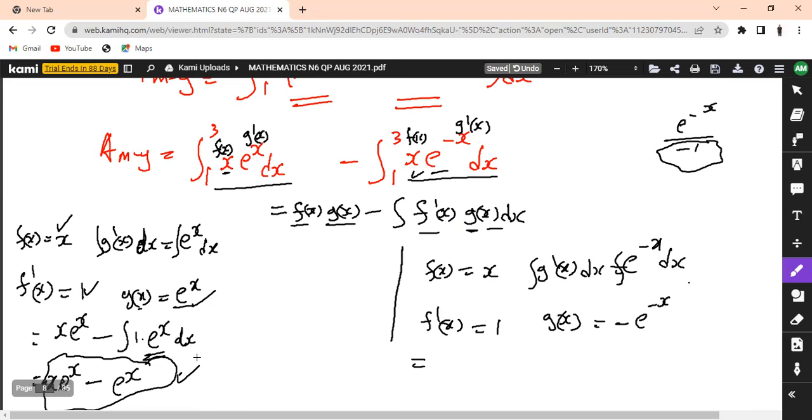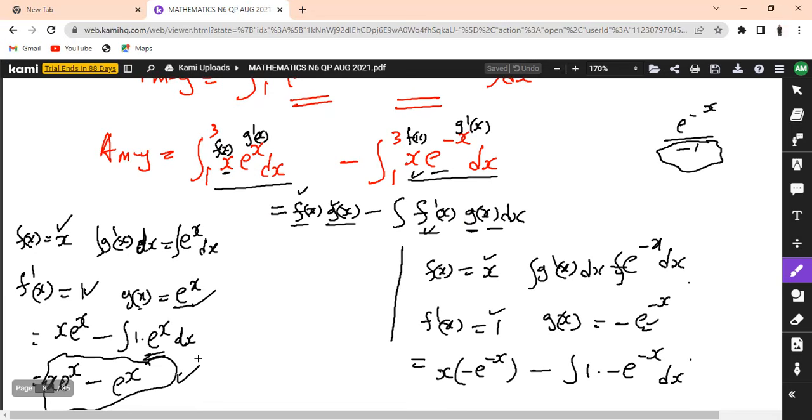Our formula is f of x, which is x, times g x, which is minus e to the exponent of minus x, like this. Okay, minus f prime x, which is 1 here, so it's just a 1, times g x, which is e to the exponent of minus x with dx.